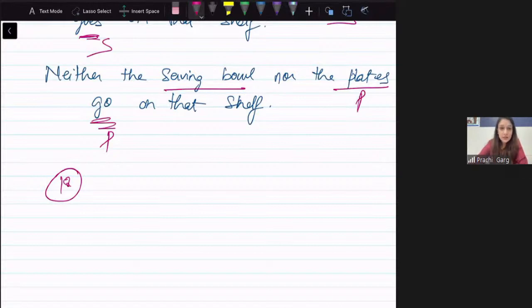All right, so let me start with the next topic of the day, which is tenses. Now, this is again one of my favorite topics, tenses. What do you mean by tenses?